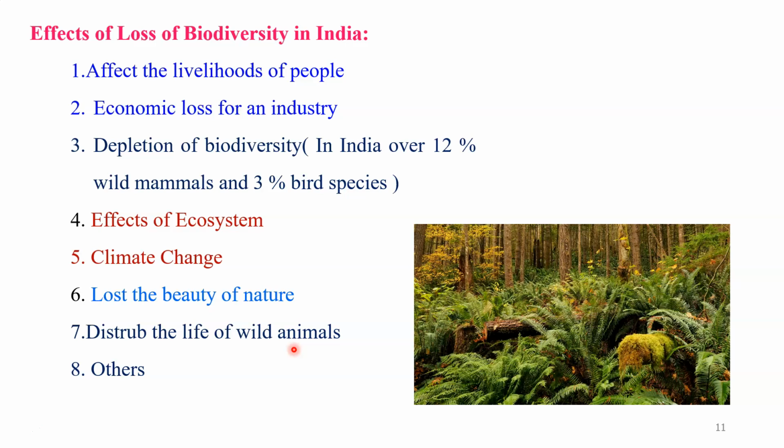We are not going to repeat the discussion, but just keep in mind that it is our personal duty to protect our biodiversity, educate people, avoid the loss of biodiversity, and plant more and more trees.